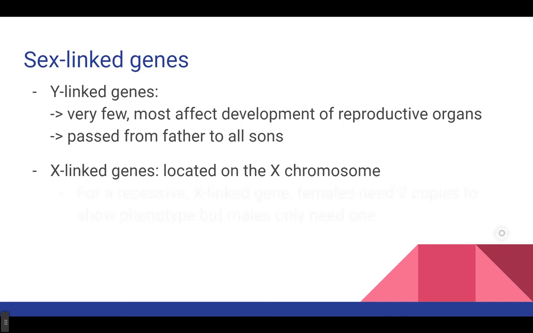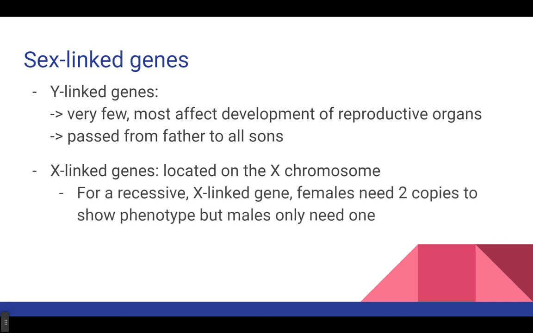X-linked genes are the ones located on the X chromosome. For a recessive X-linked gene, females need to have 2 copies to show the phenotype, but males need only 1. So one of the things you will see with an X-linked gene is that the trait will show up more frequently in males, because if males inherit even just 1 recessive gene that causes the condition, they will show that trait.